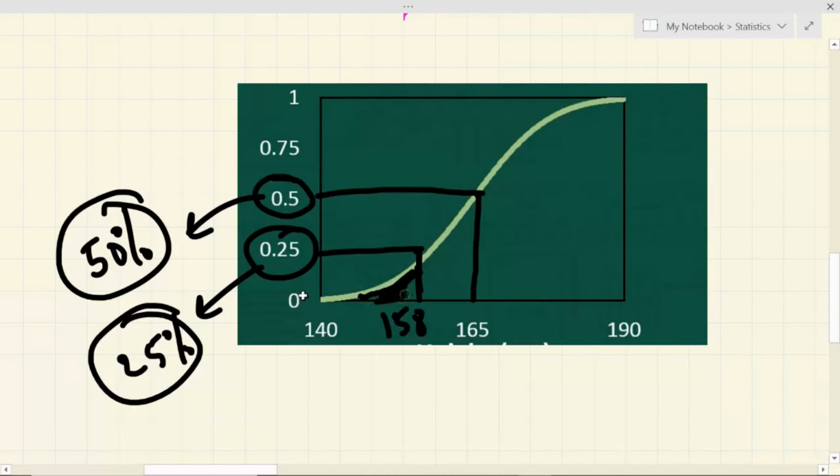When we say it's cumulating, right? So when we cumulate till 165 centimeters height, we have already reached the middle state, or 50% of the population.